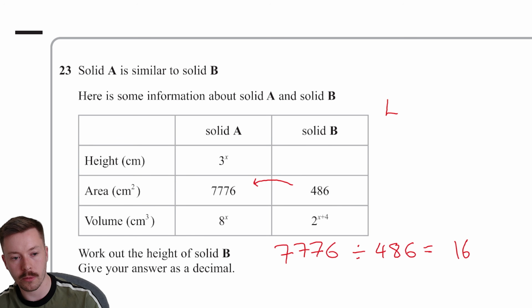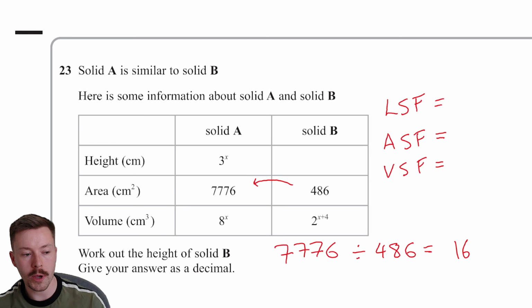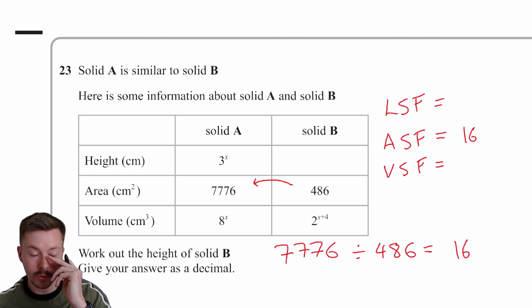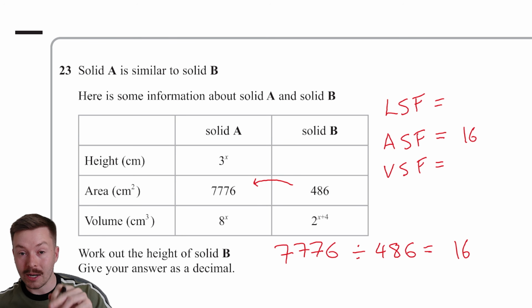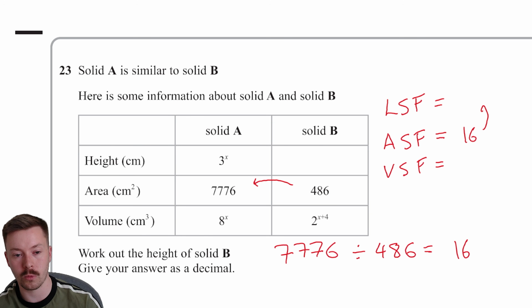Now, I'm going to write here LSF, that stands for length scale factor, ASF, area scale factor, and you can probably imagine what VSF stands for, volume scale factor. We have worked out the area scale factor, which is 16. Now, to get the length scale factor and the volume scale factor, we actually need to work out, first of all, the length scale factor. To get to that, we need to square root.